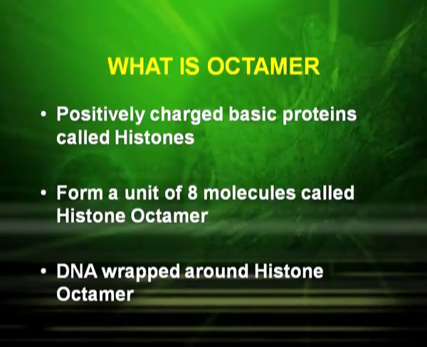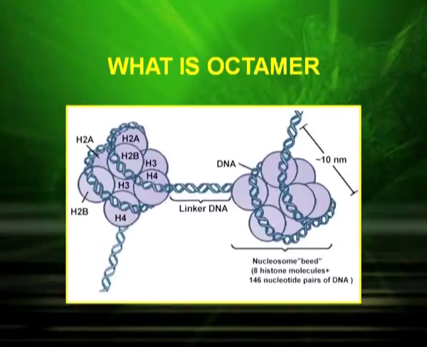The DNA is wrapped around the histone octamer. These 8 protein molecules are H2A, H2B, H3 and H4, which are present in 2 copies. Now, between 2 nucleosomes, there is a linker DNA, and that is how we get a beads-on-string structure.